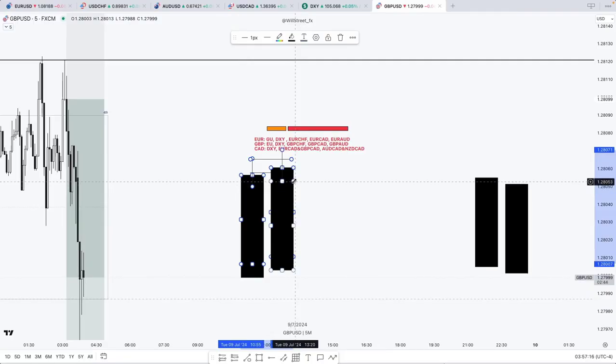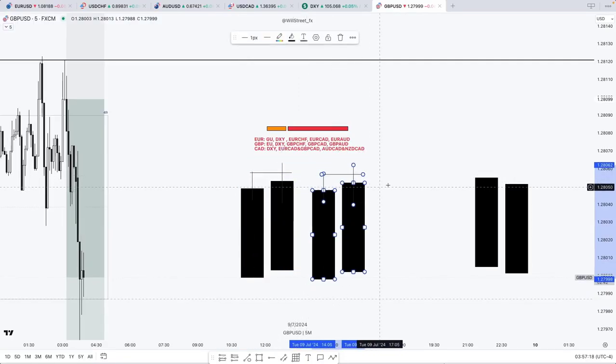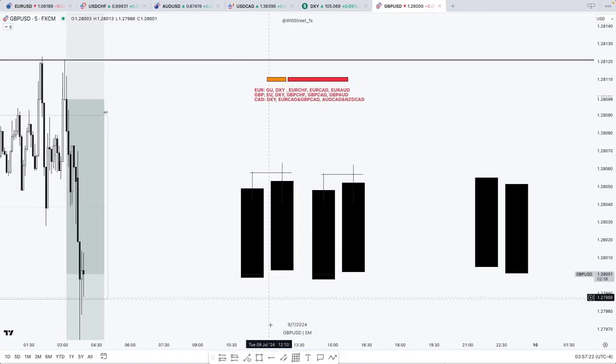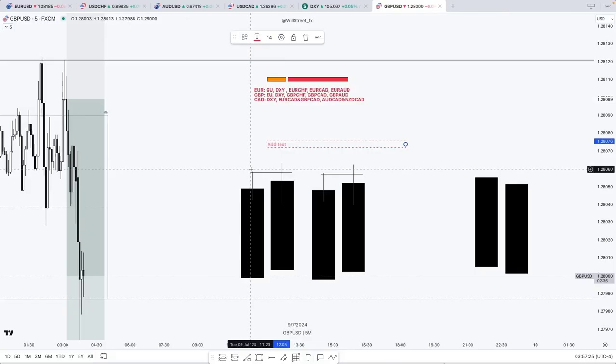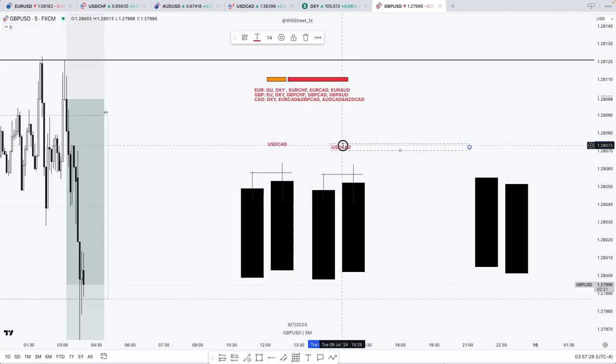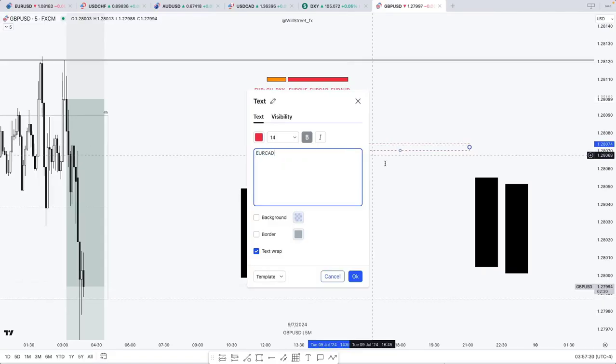We can see here exactly the same in USDCAD.